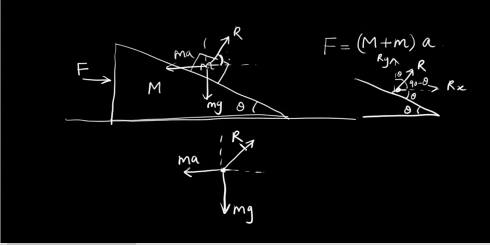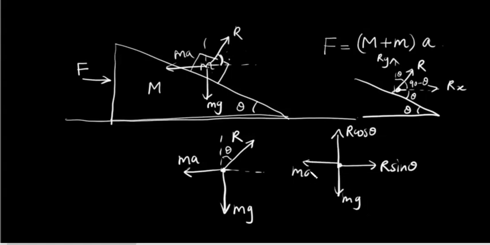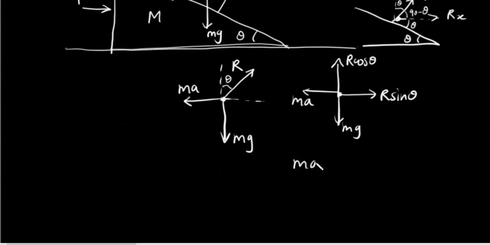So let's draw that. Let me draw this angle theta like this. When I resolve this into two components, I will get R cos theta upwards, R sin theta towards right, mg downwards, and this is ma. So ma is R sin theta, and mg is equal to R cos theta.